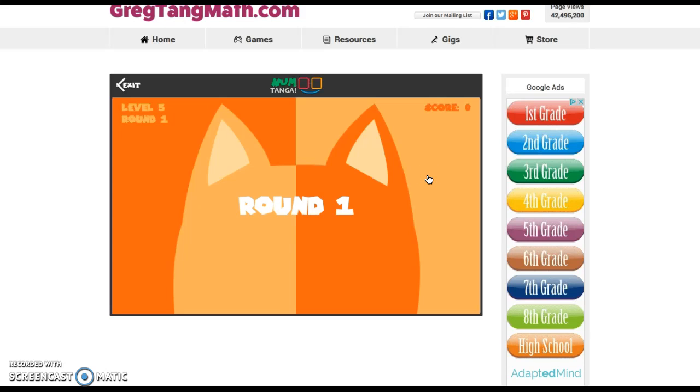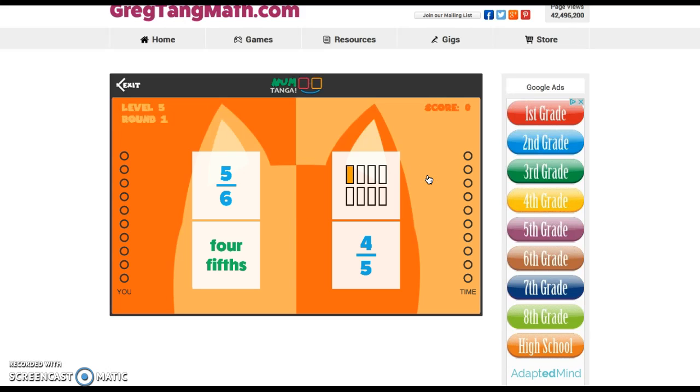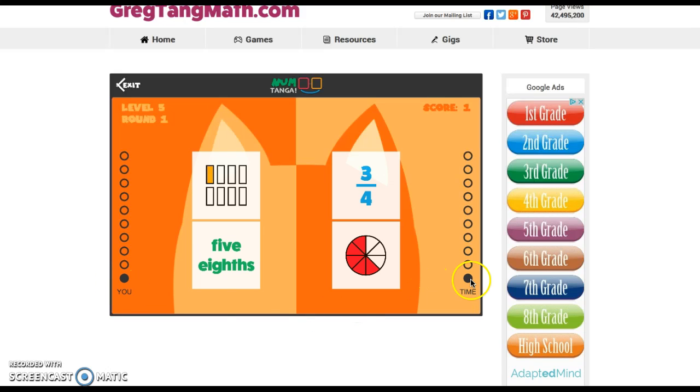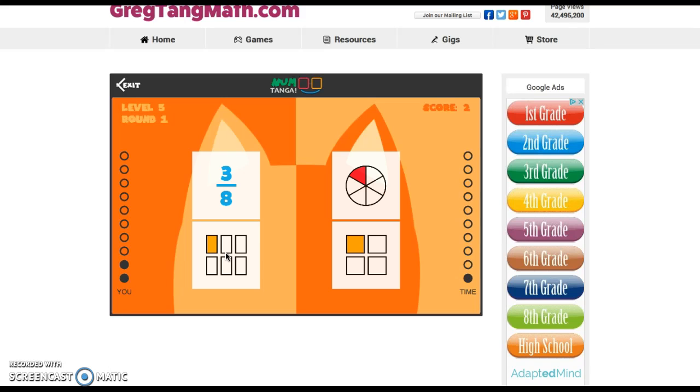We click start. Round 1 of 3. And I can see that I've got several representations, but 4/5 on the right is going to match the words 4/5 on the left. It gave me a point. You can see this timing is extremely slow in this level. So as we keep going, that one was a model and a word representation.